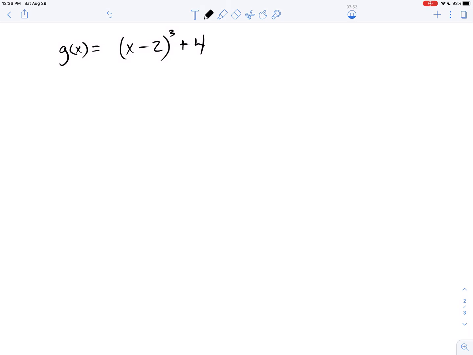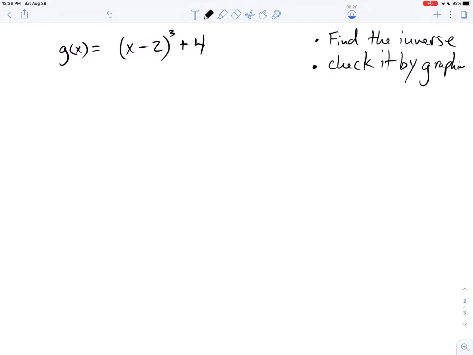But I want you to find its inverse and check it graphically. So the object of the game is to find the inverse, and then the second object is to check it by graphing.